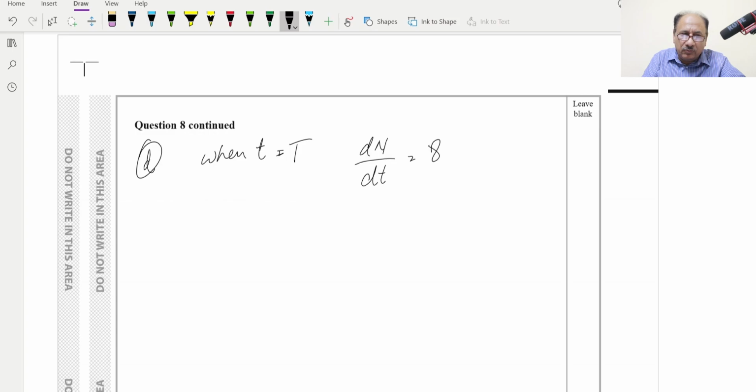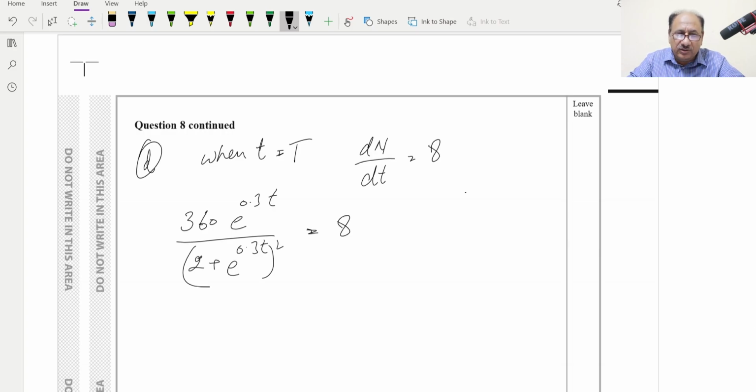Now we have this derivative, which is the dN over dt value, 360 e raised to the power 0.3t over 2 plus e raised to the power 0.3t squared, which we found in the previous part, and this is equal to 8.